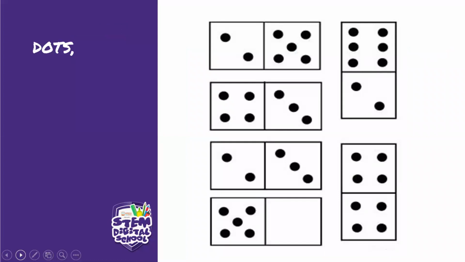All right, what do you guys see here? I see some dots. Okay, let's count. And you guys are going to tell me one more time which has more and which has less.